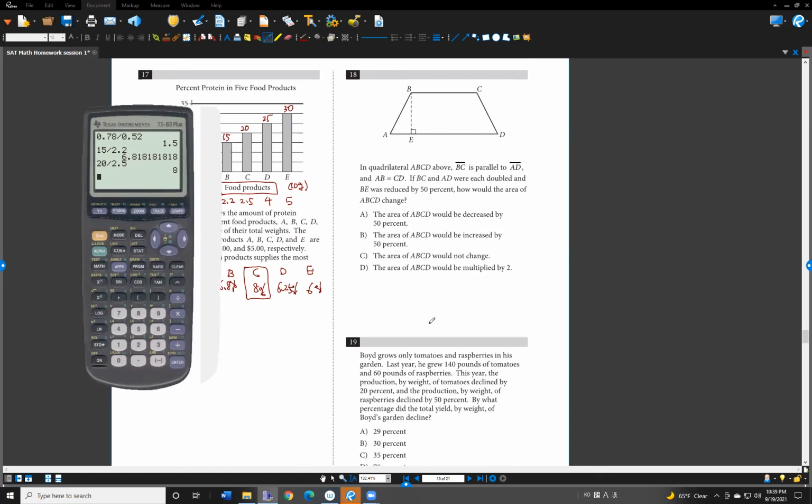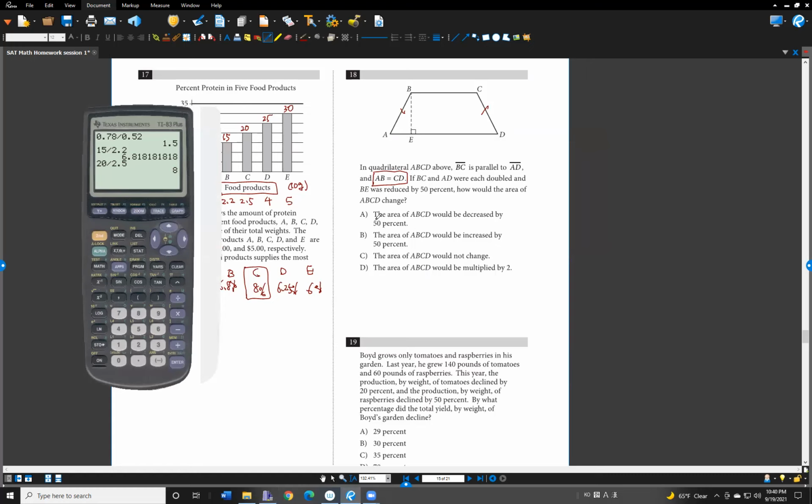All right, we have a trapezoid, which is an isosceles trapezoid. They said AB equals CD. Okay, BC and AD each doubled, okay? And the height was reduced to half, 50%. What would the area of ABCD change? When you take over here, right, 50%, there is a percent of a change, that's the ratio.